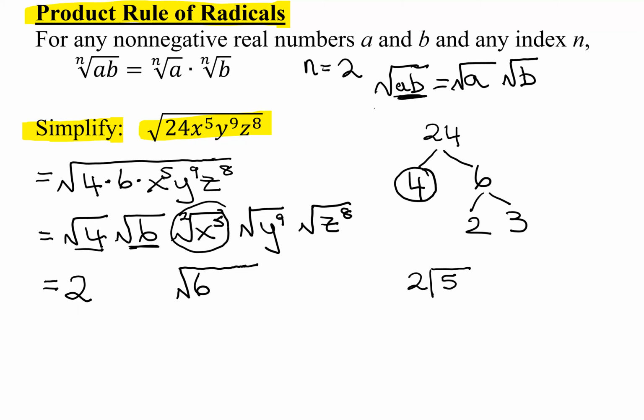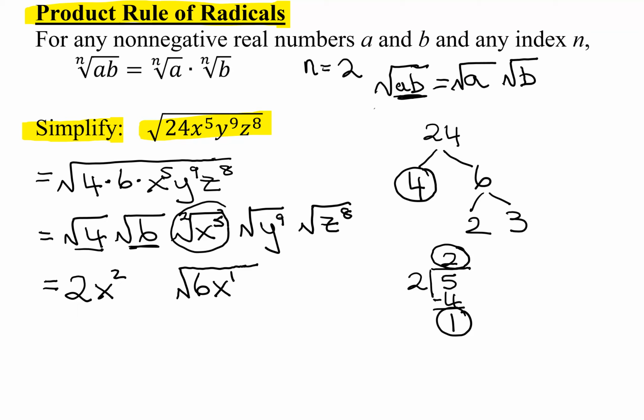Well, 2 goes into 5 2 times. 2 times 2 is 4. Subtract, remainder of 1. The whole number is the power on the x outside. So it's going to give me x squared outside. The remainder is the power on the x inside. So it's x to the first power.